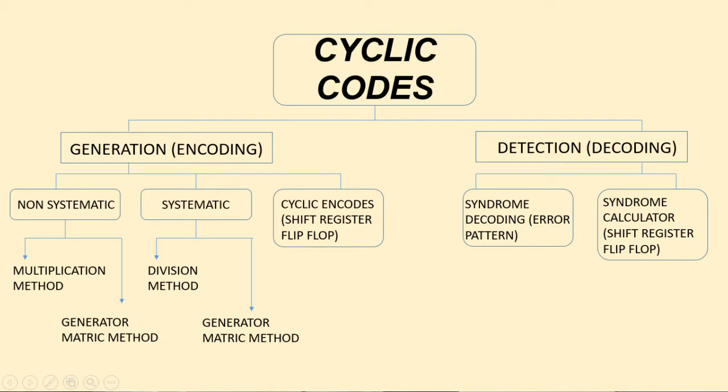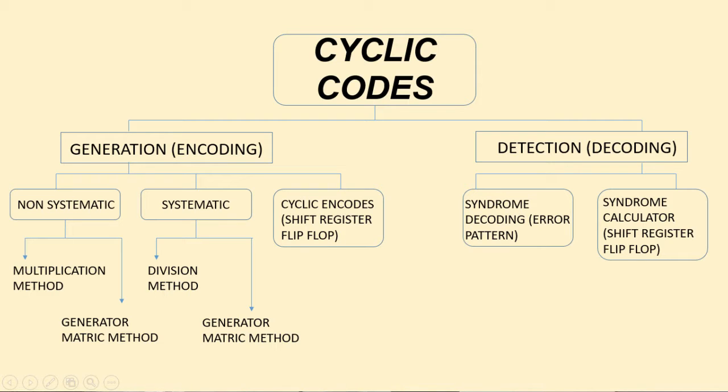For the non-systematic, it's actually not divided, but it has two types of method. The first one is the multiplication method and the second one is the generator matrix method.